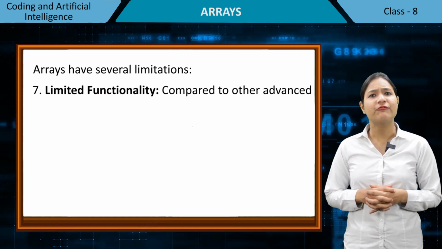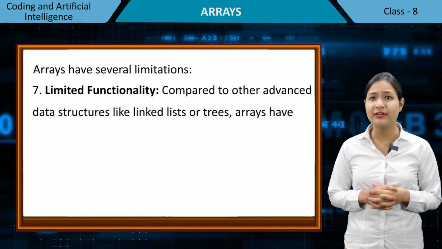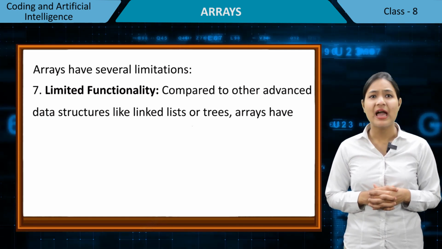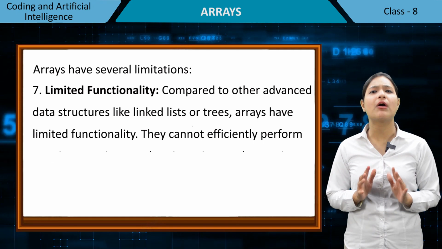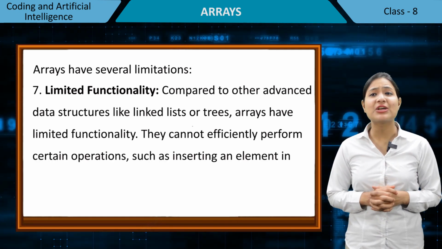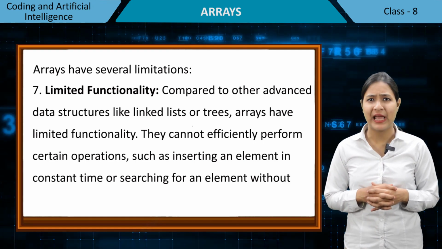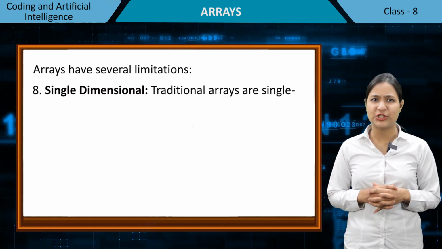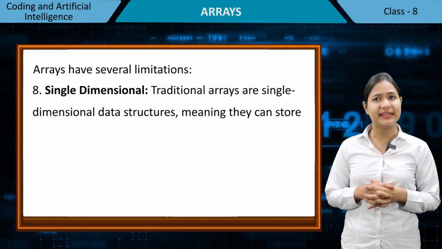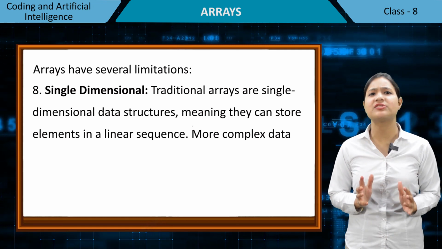Seventh, limited functionality. Compared to other advanced data structures like linked lists or trees, arrays have limited functionality. They cannot efficiently perform certain operations, such as inserting an element in constant time or searching for an element without linear time complexity. Eighth, single dimensional. Traditional arrays are single dimensional data structures, meaning they can store elements in a linear sequence.